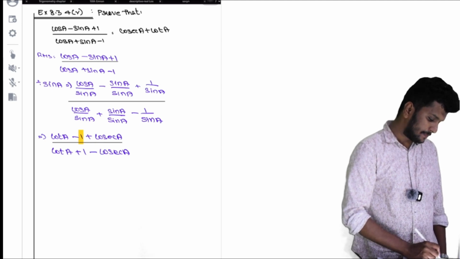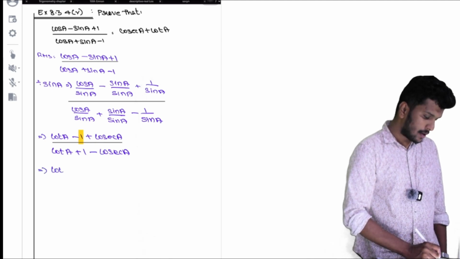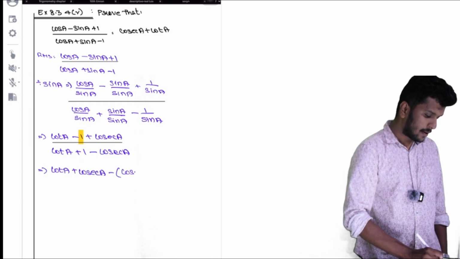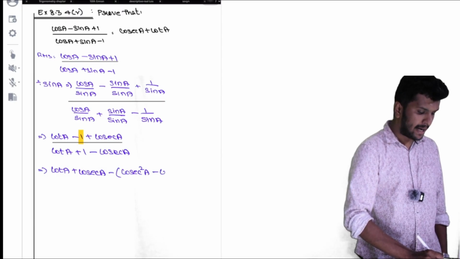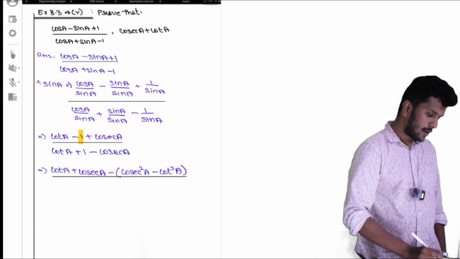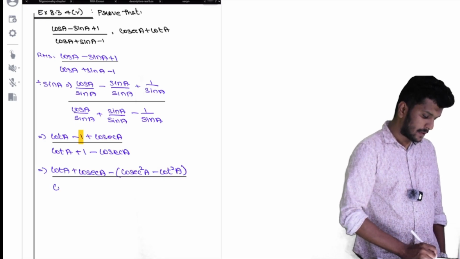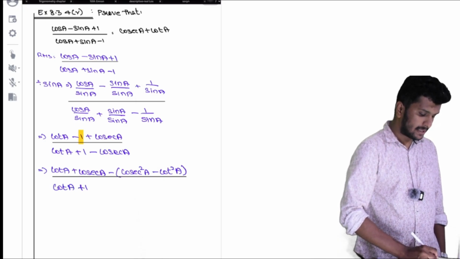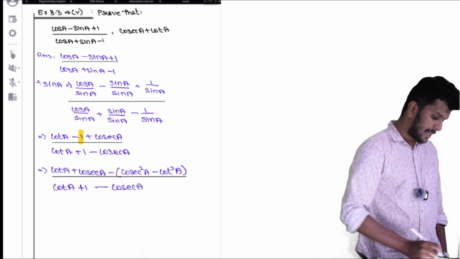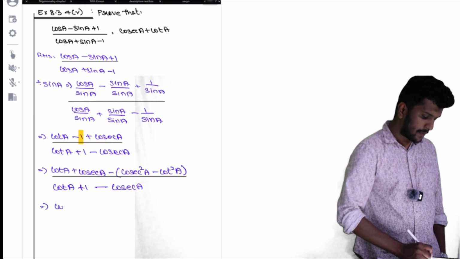So that implies cot A plus cosec A minus what we have? Cosec square A minus cot square A, whole divided by cot A plus 1 minus cosec A. So that implies what we have?